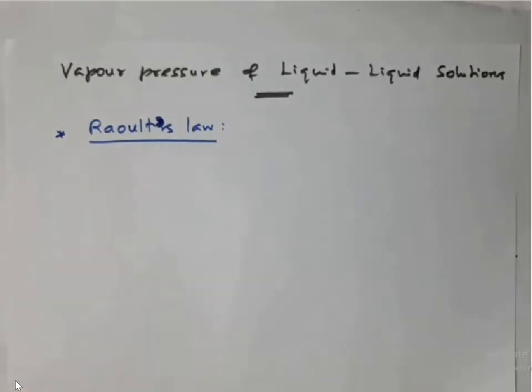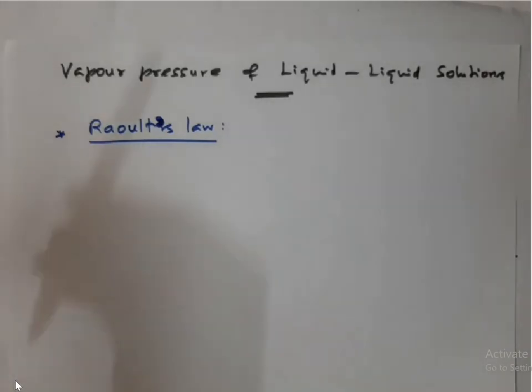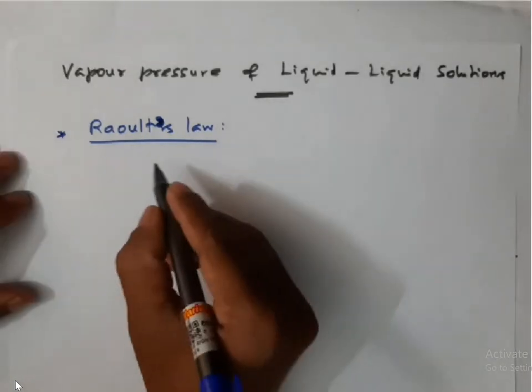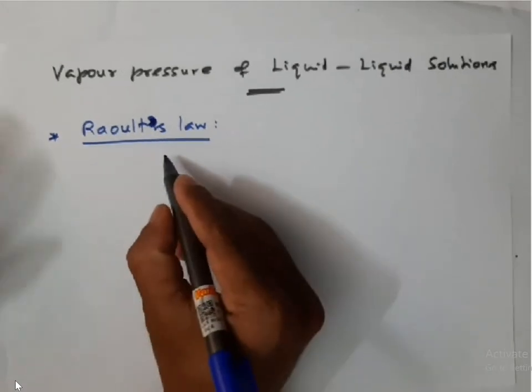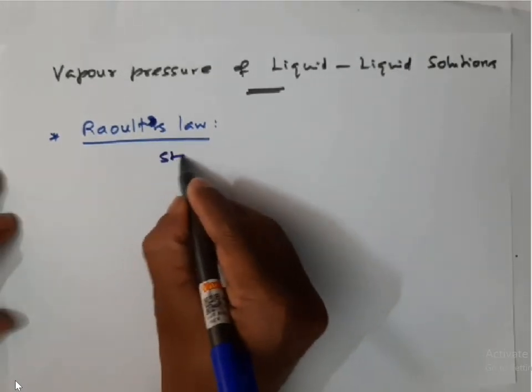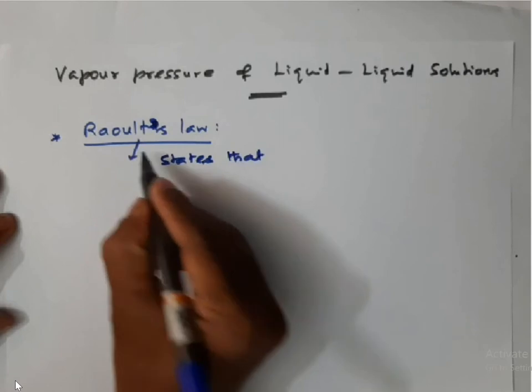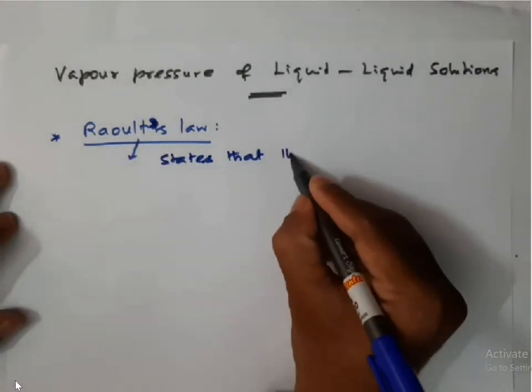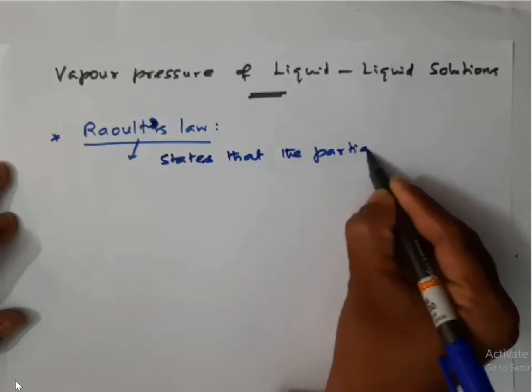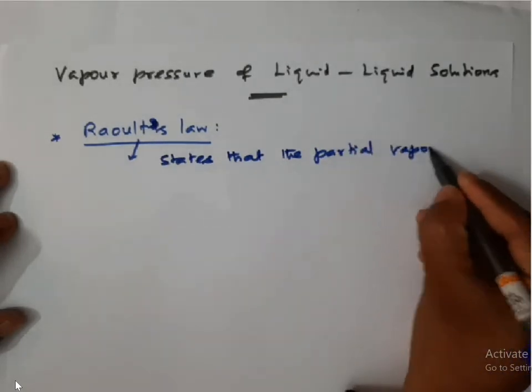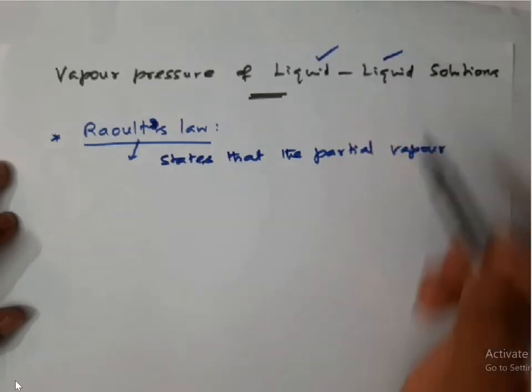Raoult's law states that, suppose a solution contains volatile liquids, then the partial vapor pressure, I am using the word partial because I am taking two liquids.